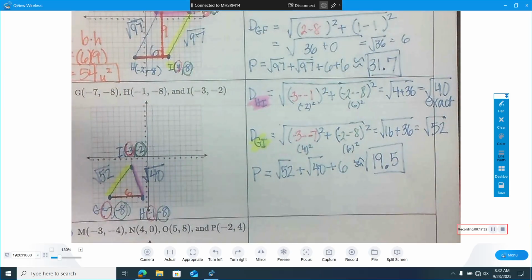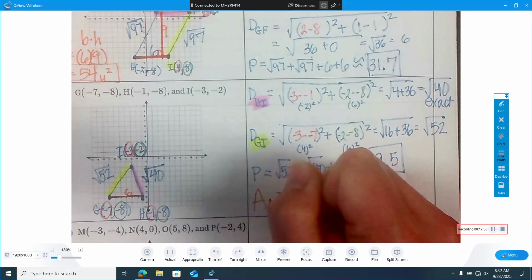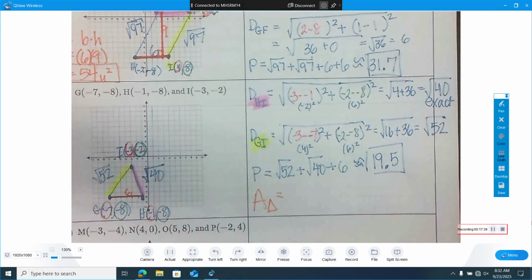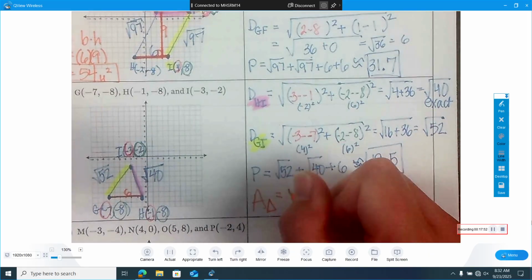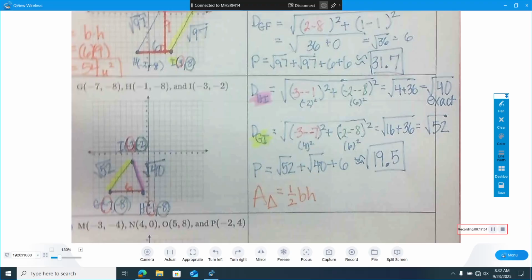All right. How do you find the area of a triangle? So that'd be a rectangle, a whole rectangle. But I want the triangle, which is really just cuts that rectangle into 2 equal pieces. So the area of a triangle is 1/2 base times height.